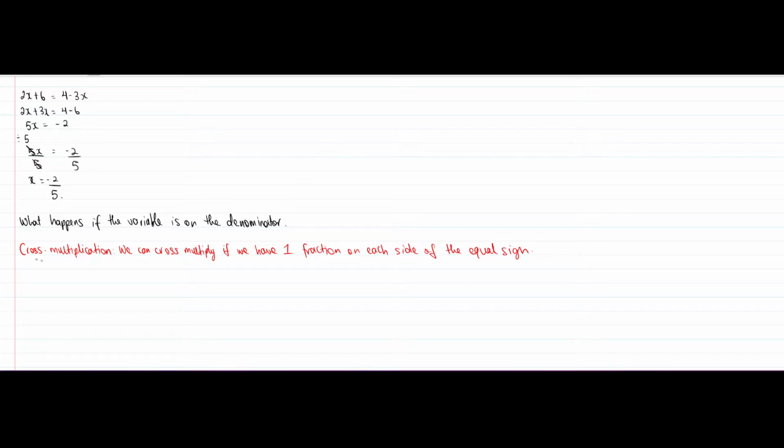For example, if I have 2 over x is equal to 4 over 11, I have one fraction here and one fraction here. To cross multiply, I multiply the denominator by the opposite numerator. So this becomes 2 by 11 is equal to 4 by x.